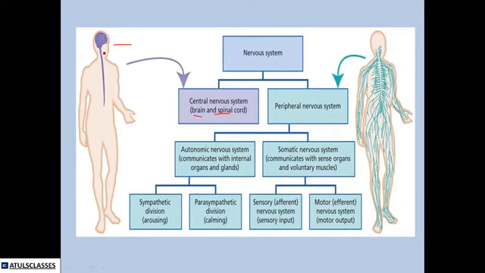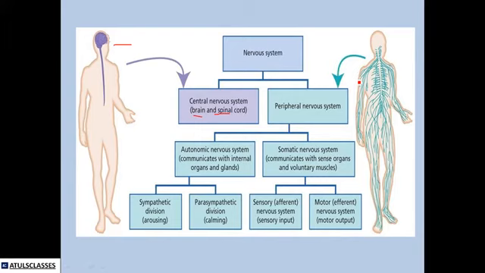Then this system is connected with the peripheral nervous system, which has the autonomic nervous system and the somatic nervous system. So what does the autonomic nervous system mean? This system communicates with the internal organs and glands, and all the soft muscles mainly function because of the autonomic nervous system. We again divide this into sympathetic and parasympathetic.